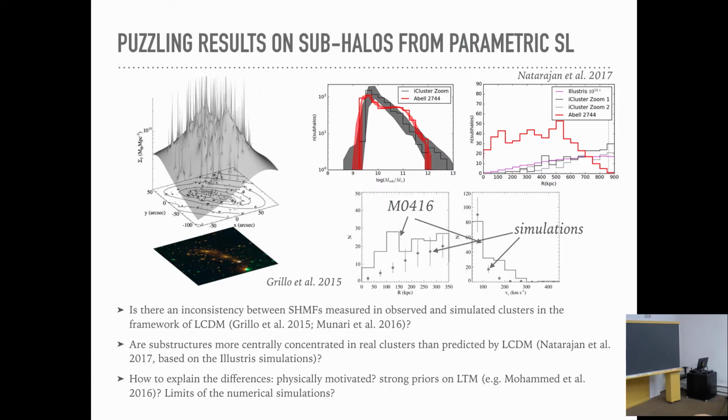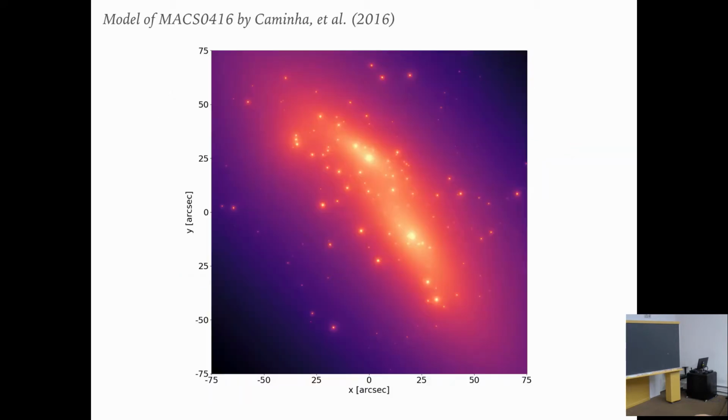Okay, as I already mentioned before, we see several cases of galaxy strong lensing events in these clusters. We want to see if with the statistics of these galaxy strong lensing events, we can learn something about the small scale structure inside these clusters.